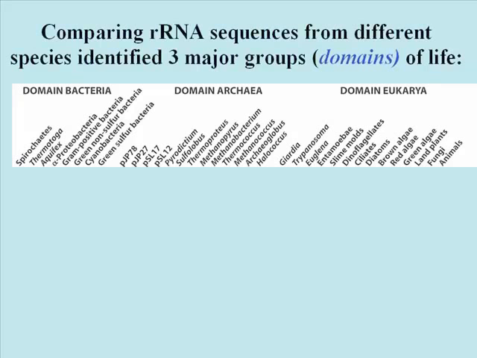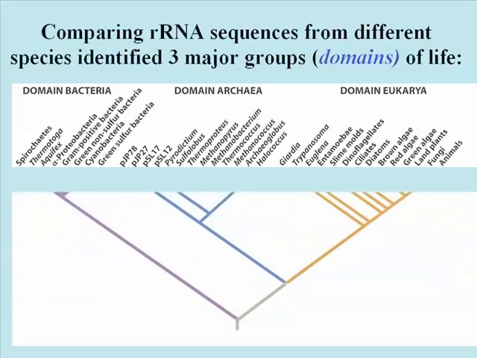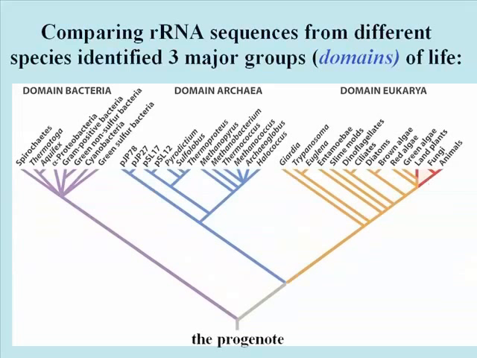By this analysis, all species in the world today can be grouped into three major domains: the bacteria, the archaea, and the eukarya. Using computers to pick the shortest possible pathways by which base differences between the RNA in these species could have occurred, that is to say, pathways which involve the least number of base changes to get from one species to the next, it's actually possible to infer a common ancestry of related species, and ultimately of all existing species.